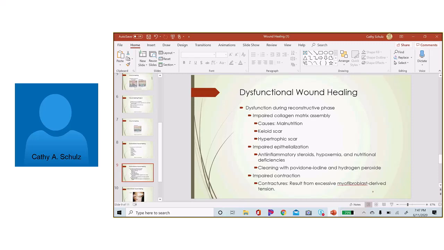So you can have two types of dysfunctional scarring that is an overgrowth of scar. One is called a hypertrophic scar, and this means that the excess collagen is there, the scar is raised, but it doesn't grow beyond the injury itself.